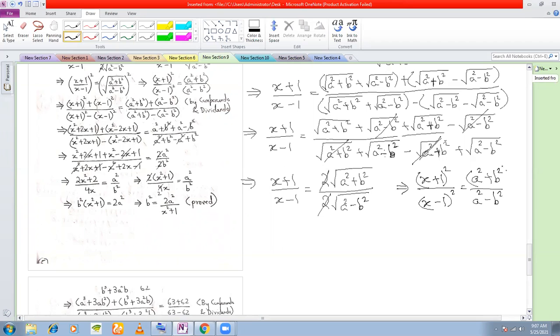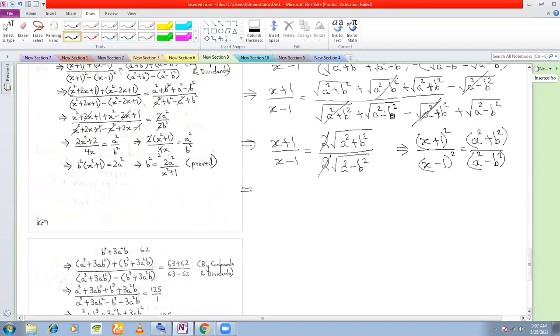Okay. Now again we use componendo and dividendo here. You have the numerator on the left hand side plus the denominator divided by numerator minus the denominator.